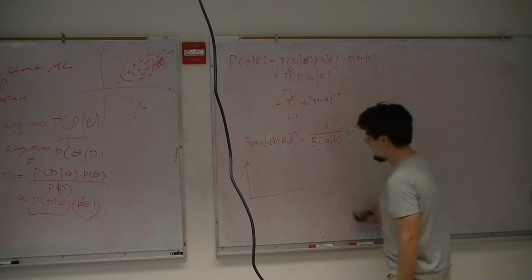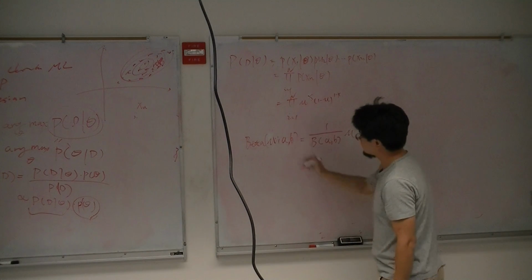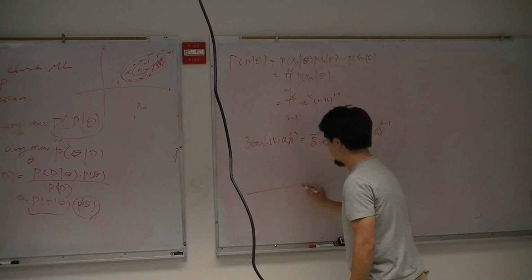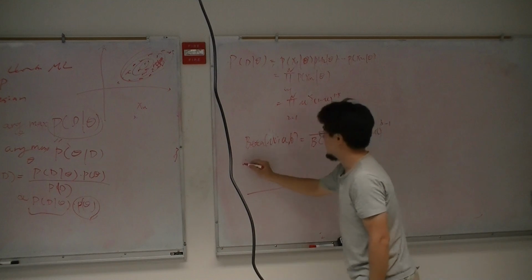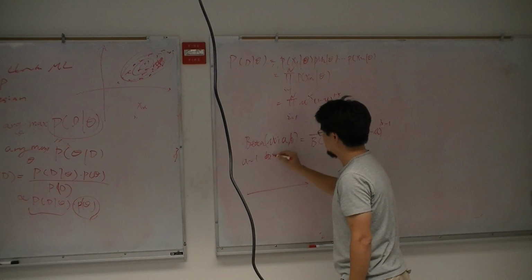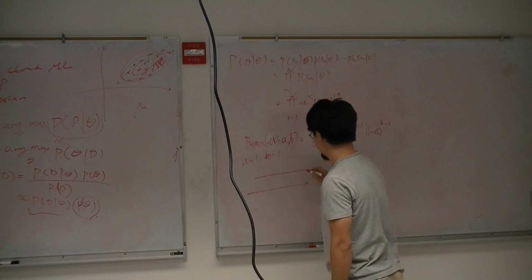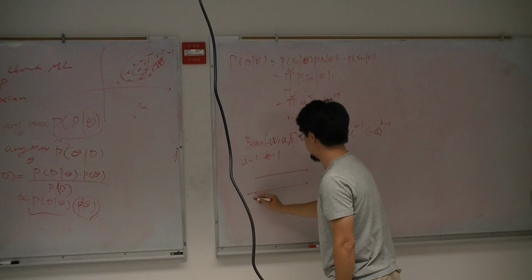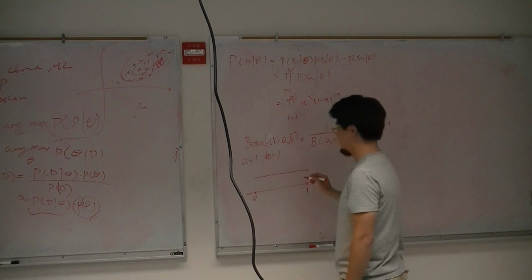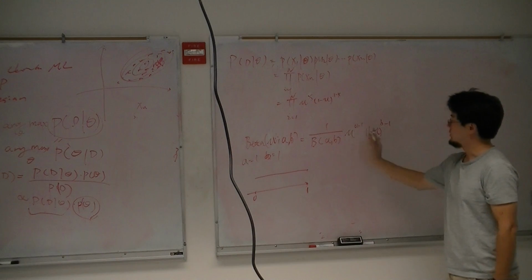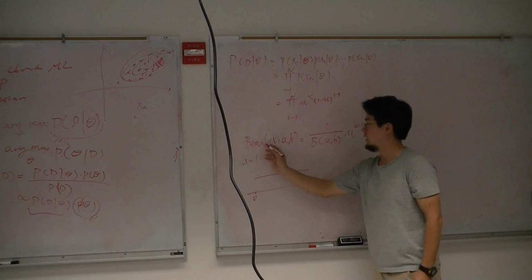And the distribution of mu when A and B equal 1 is going to be something like this, because this is simply like a line.